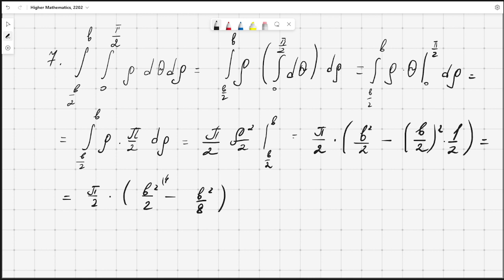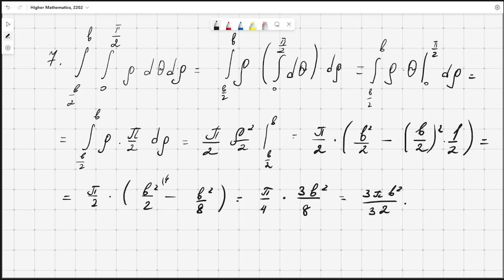Therefore, we will have pi over 2 times 4 minus 1 is 3 b squared over 8, and in the end we will have 3 pi b squared over 32.